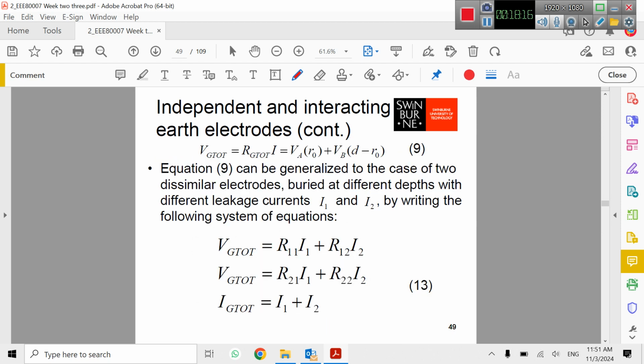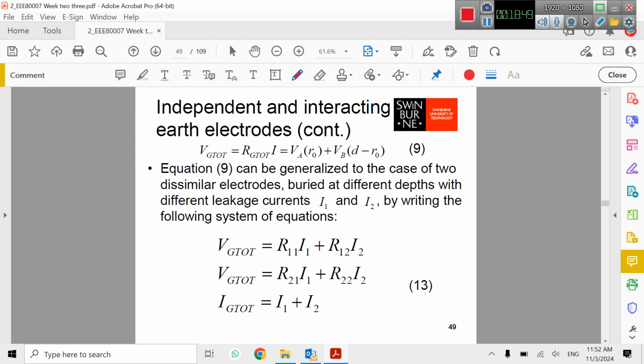In the case that we are going to consider the mutual or reciprocal effect of the electrodes on each other, of course we have two different voltages for electrode number 1: the own one, which is R11, or the Thevenin one, and R12, the effect of 2 on 1, is considered as this one.